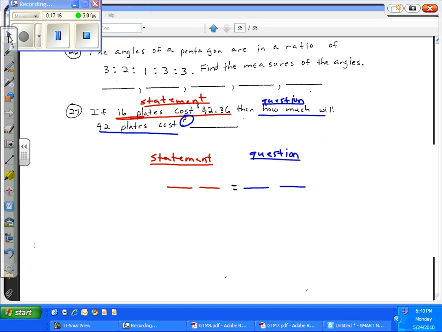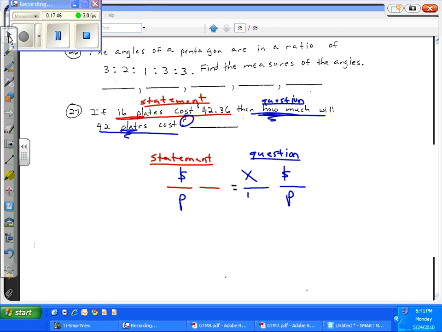Two ratios is a proportion. A proportion is two comparisons of the same two items. We always make the proportion say what the question says, and the question is how much money for so many plates. So the question is money in relationship to plates. So we make both ratios say what the question is, money to plates.